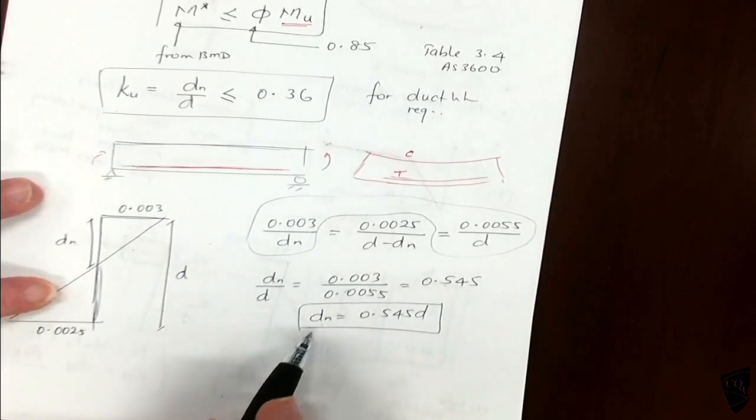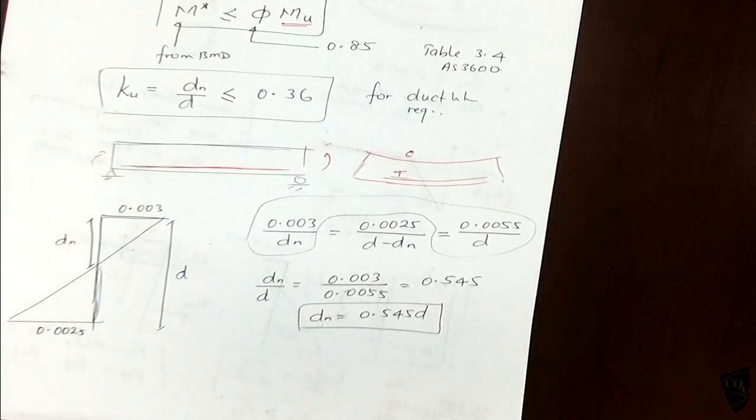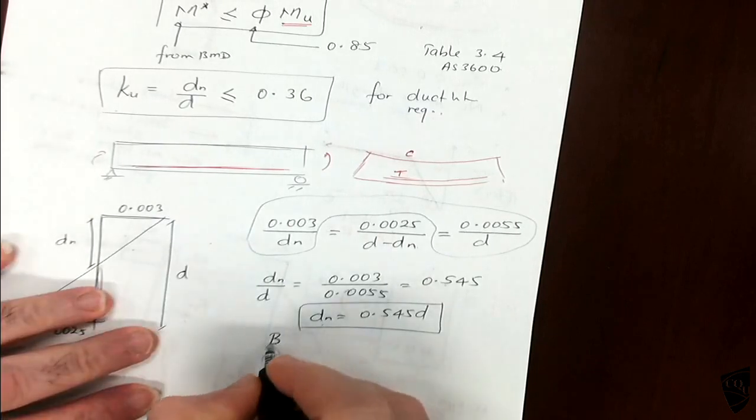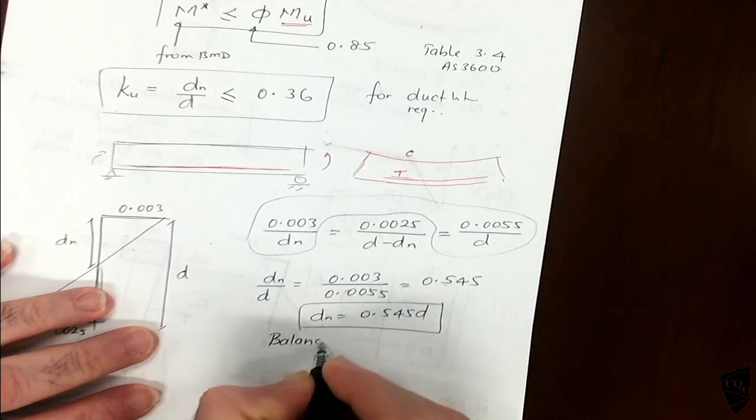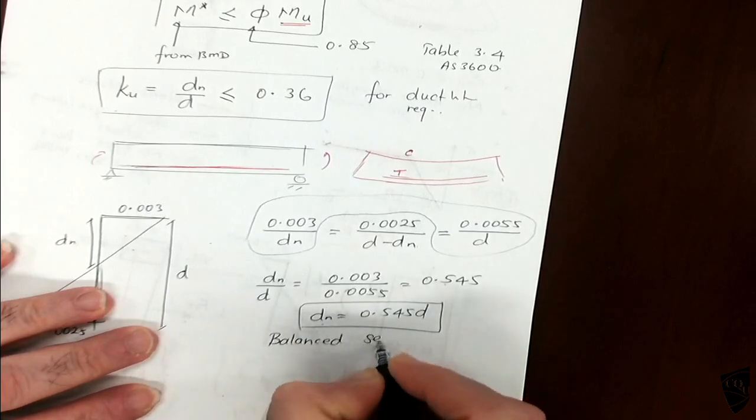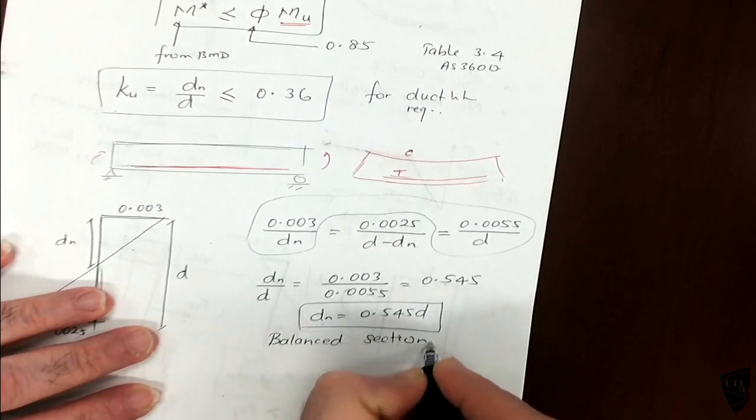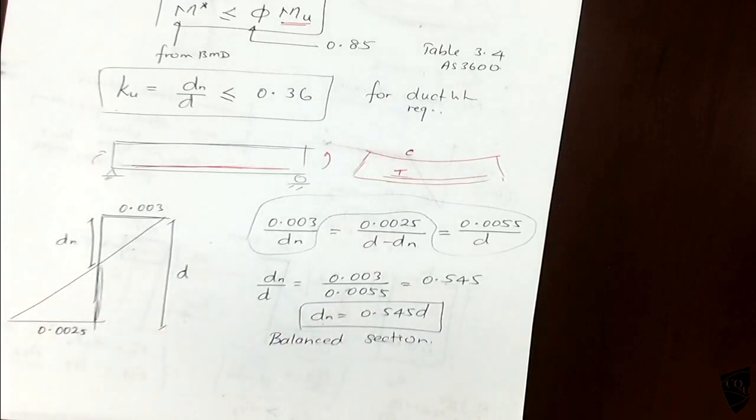If you have this much depth of neutral axis, the concrete will reach its maximum strain at the same time the steel reaches the yielding point. So this is called a balanced section.